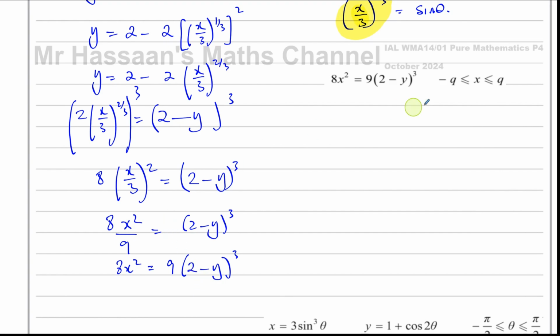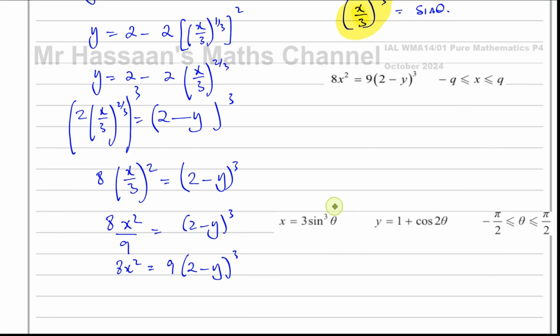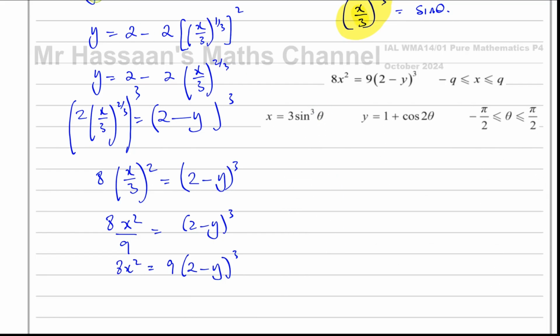Now, they've asked us also to find the domain of this Cartesian equation. Now, the domain of a Cartesian equation, which has been made from a parametric equation, can simply be found by concentrating on the x part of the Cartesian formula. This would represent the range of this.